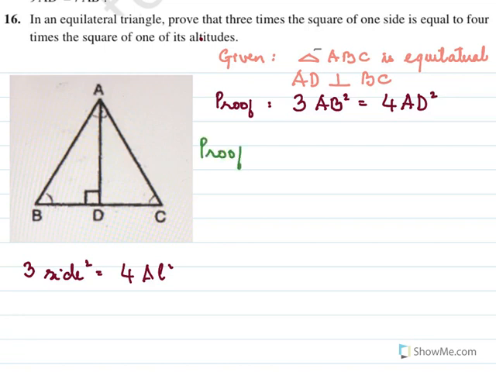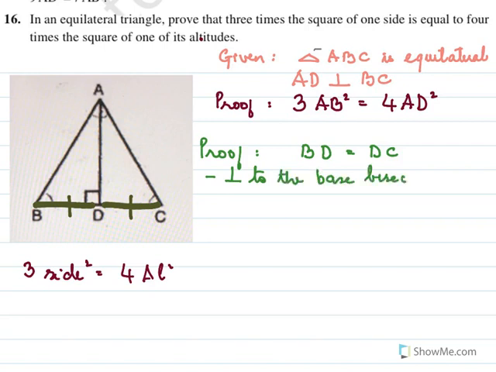So we have the proof now. First important part, we know BD equal to DC. We did also in the last proof. These two will be equal, and why are they equal? It is by property of equilateral triangle. Reason for this, the altitude or perpendicular to the base bisects the base.